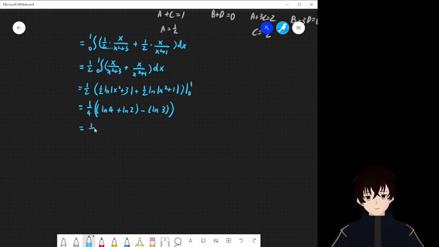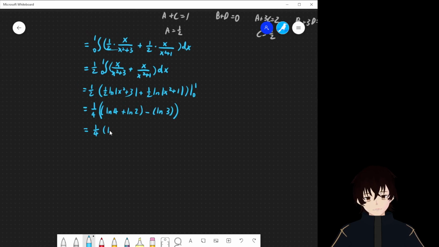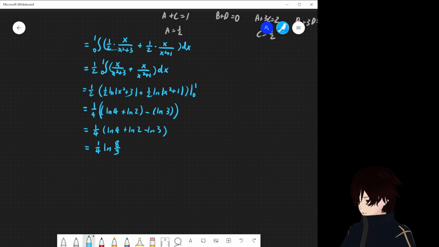And the answer is 1 over 4 natural log of 4 plus natural log of 2 minus natural log of 3. So this is 1/4 natural log of 8 over 3. Is that right?